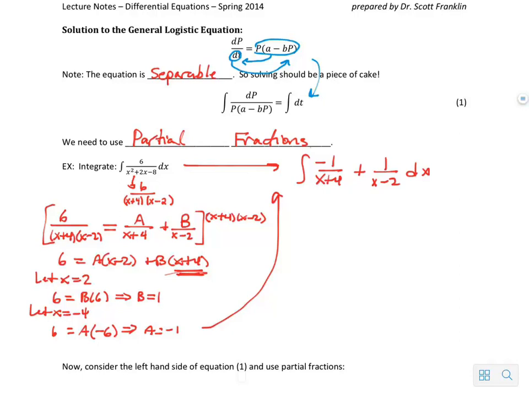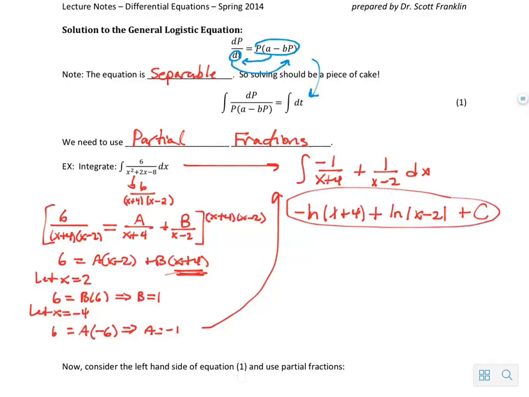The integral of negative 1 over x plus 4 is negative natural log of x plus 4, plus the integral of 1 over x minus 2, which is the natural log of x minus 2, plus, of course, C. That's how partial fractions works. But you knew that already. It's a good refresher.